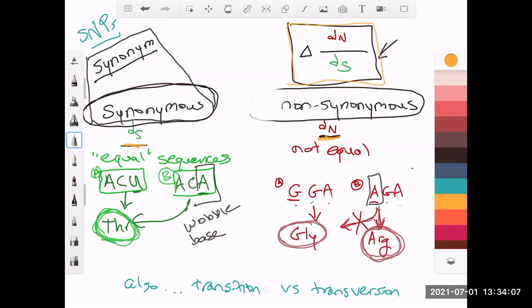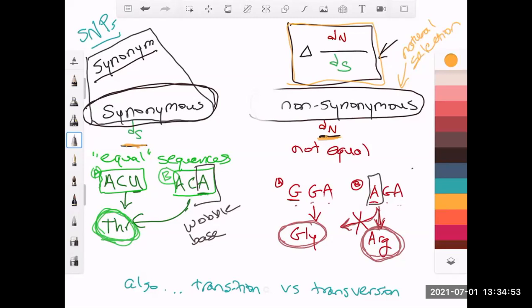And you could do this if you have perhaps 100 individuals that you sampled from, and you compare their gene sequences for a particular gene, and maybe you look at all of the SNPs, or maybe you look at the SNPs at a certain position in the gene. And if you're seeing significantly more non-synonymous mutations than synonymous mutations, then you're more likely to conclude that this is the effect of natural selection.